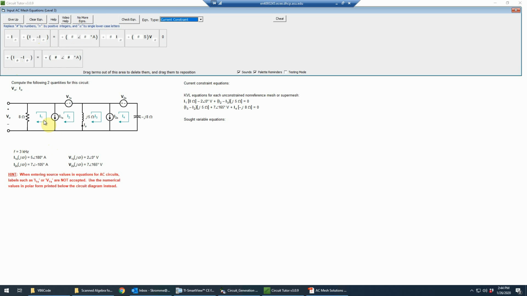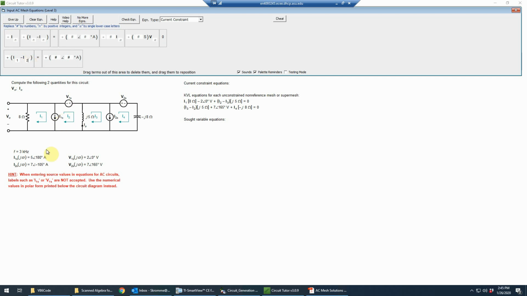Now, looking at these directions to get the right polarity, we see that I1 is going clockwise, so it'll be going down through that source, which is in agreement with the direction of the current arrow. So therefore I1 will have the positive sign in this difference, and then I2 is traveling clockwise in this mesh, and therefore up through that current source, which is opposite to the defined reference direction. So it will be minus I2 in that difference.